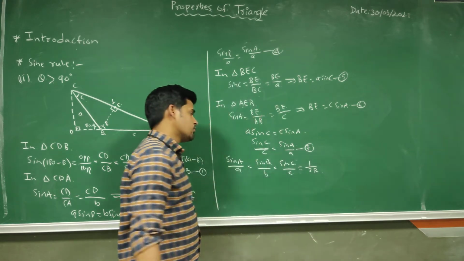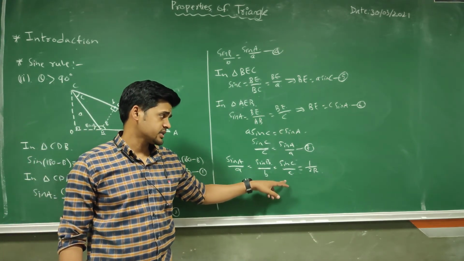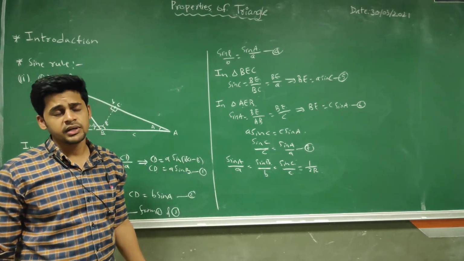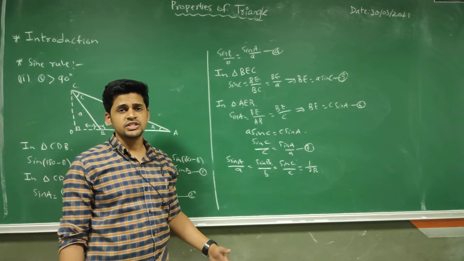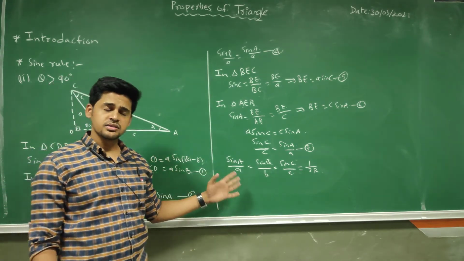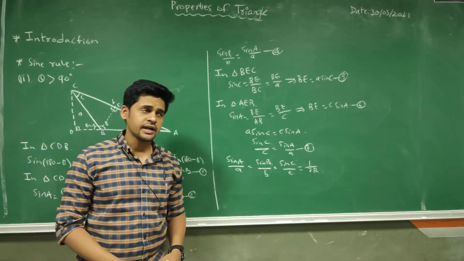So here once again we got sin A by A, sin B by B, and sin C by C is equal to 1 by 2R. So this is nothing but the sine rule. If we check on a right angle triangle, then we will get the same formula. So let's check in a right angle triangle.